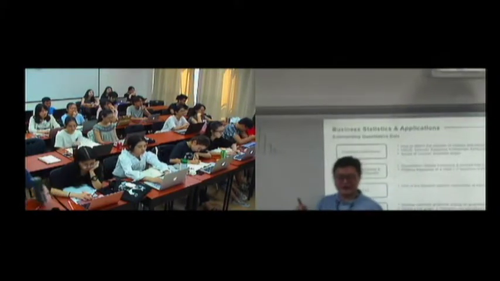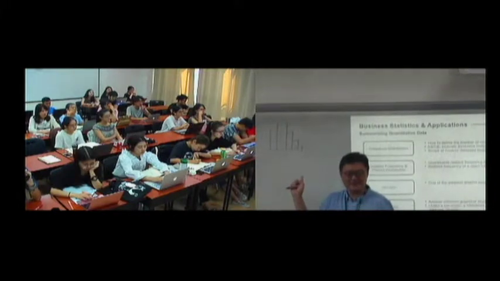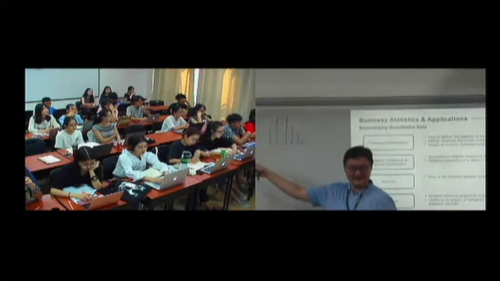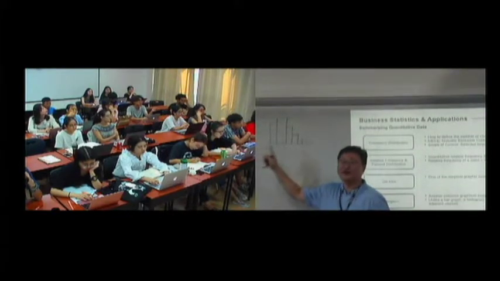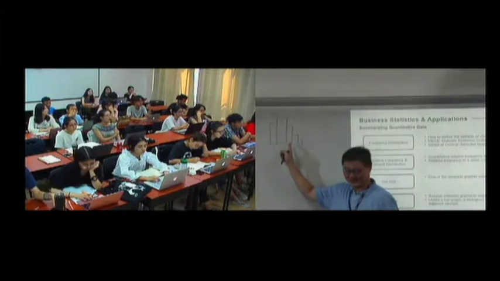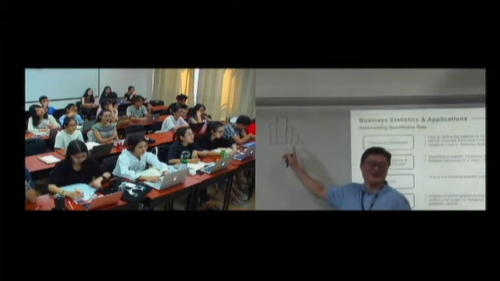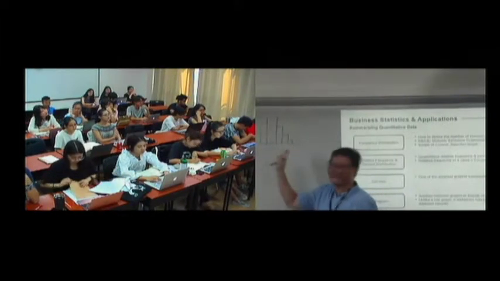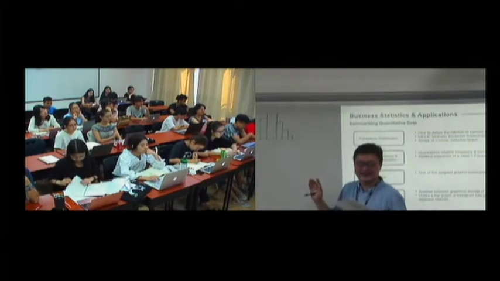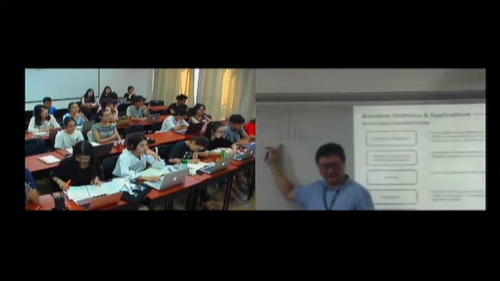So then, what is bar chart, what is histogram? We have only two options, 50-50 probability. So what is the big difference between the bar chart and the histogram?